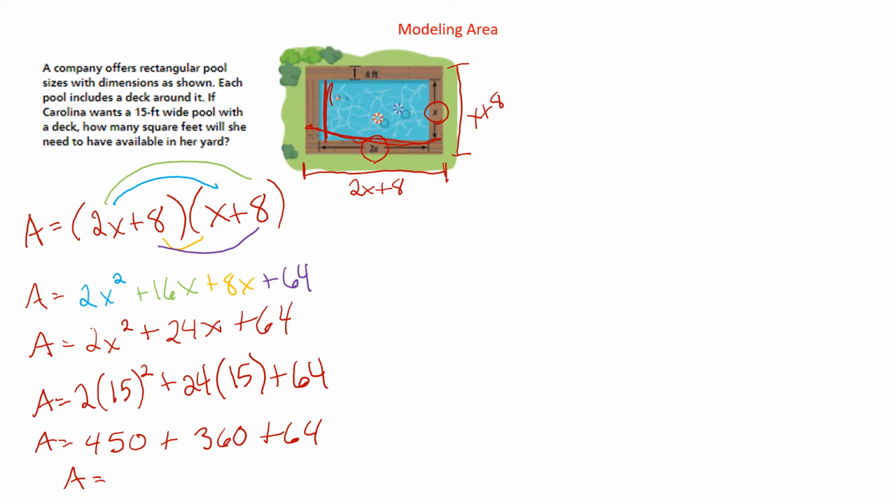We have 450 plus 360 plus 64. It's going to give us 874. So we need 874 square feet in her yard to be able to fit the pool.